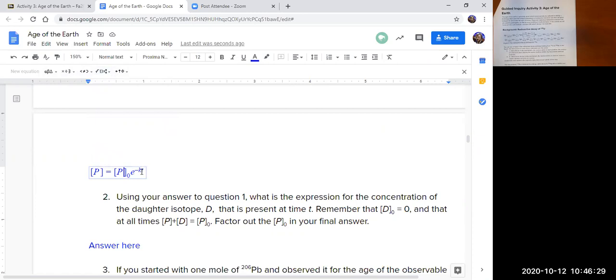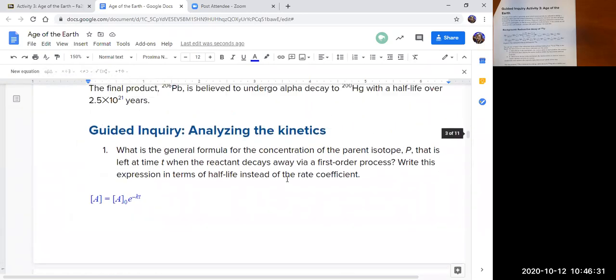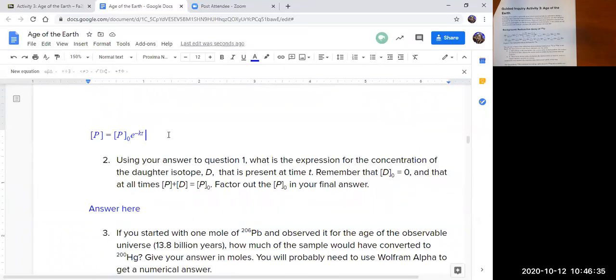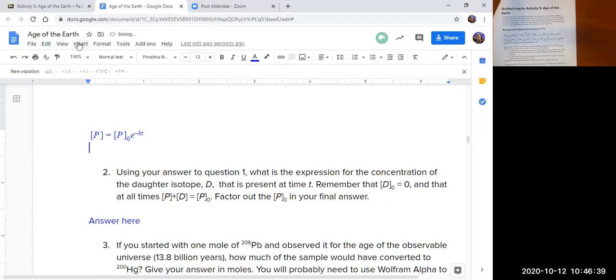Okay. Now, since the equation is asking for it in terms of half-life instead of rate coefficient, we need an expression that relates half-life to rate coefficient. So I'm going to insert another equation here, which is going to be the half-life equation.